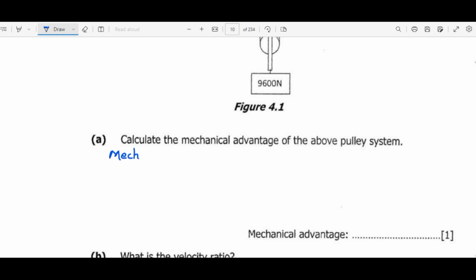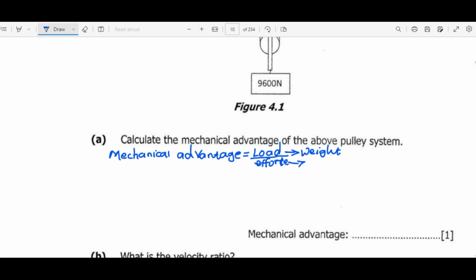The first question is to calculate the mechanical advantage. Mechanical advantage is just a ratio. This can be found by dividing the load by the effort. Now the load and the effort are forces. The load is the weight force, which tells us the heaviness of an object that you are trying to overcome.